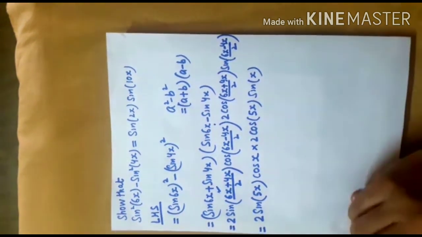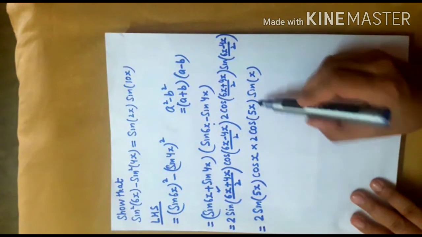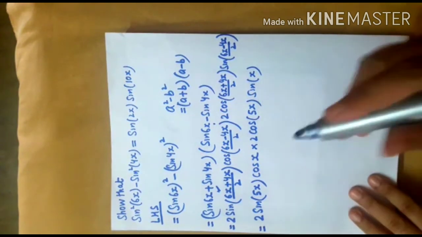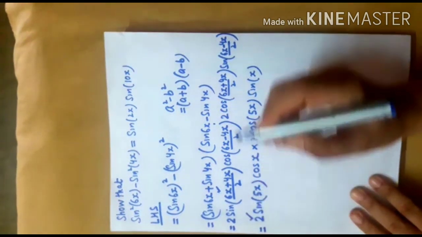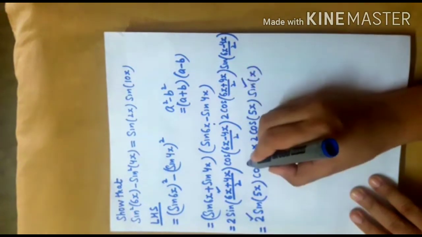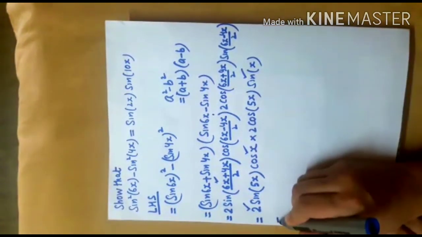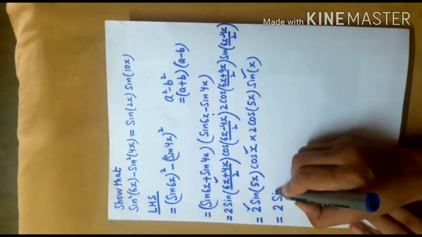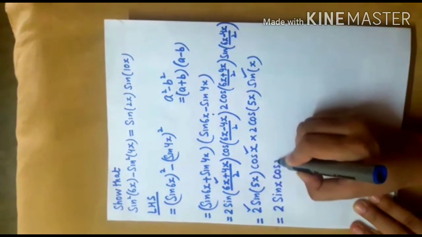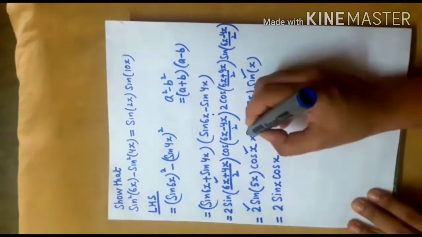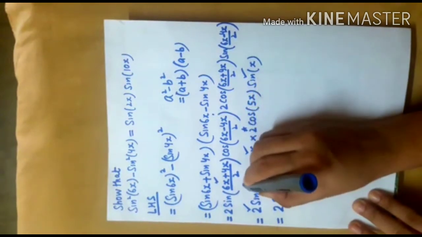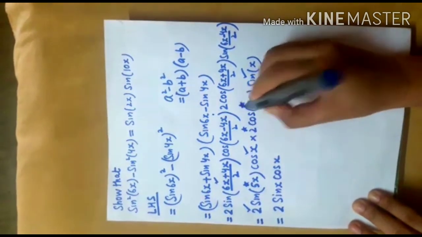Now all these terms are getting multiplied. I pick 2 sin x cos x. I rearrange them, right? Then I pick this, this and this.